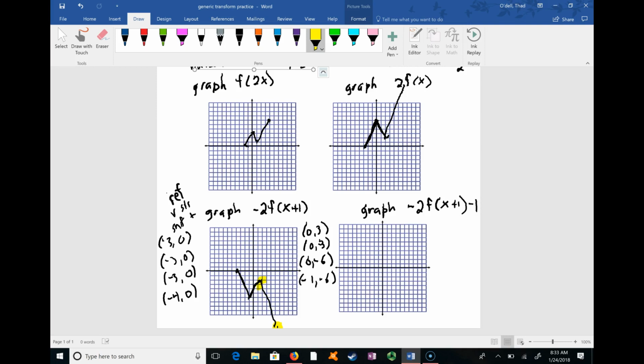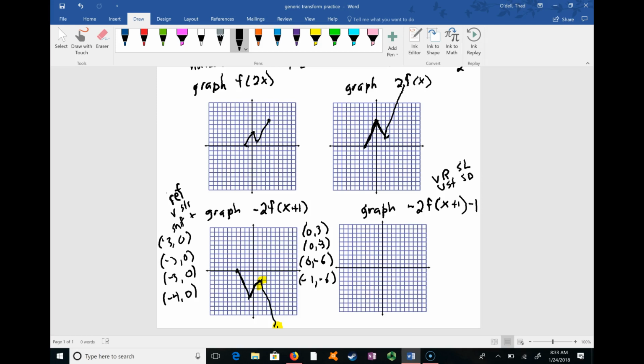In this case, you're going to have a vertical reflection because of the negative, a vertical stretch because of the 2, a shift left because of the 1, and a shift down because of that 1. And you apply those 4 transformations to each one of those points, and you should come up with a good graph.